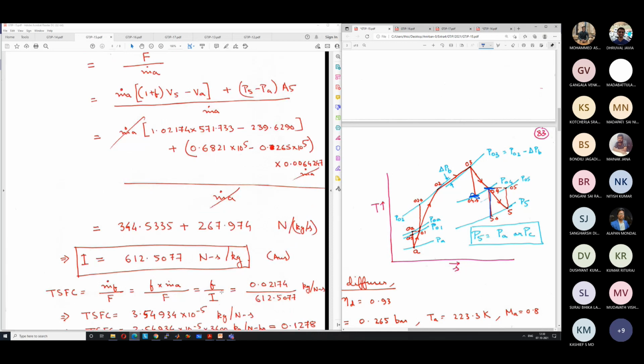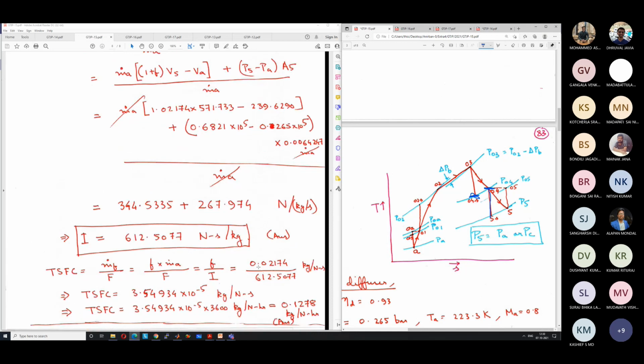The fuel air ratio is 0.02174 without any unit, and the specific thrust is 612.5077. The unit is Newton per kg per second. So the overall unit for this is kg per Newton second.